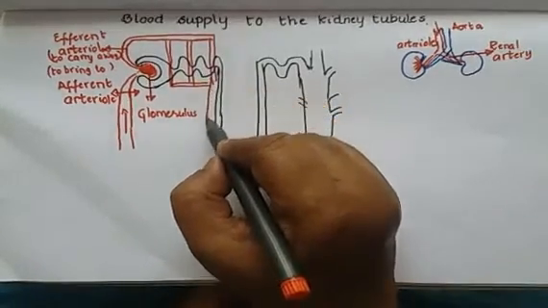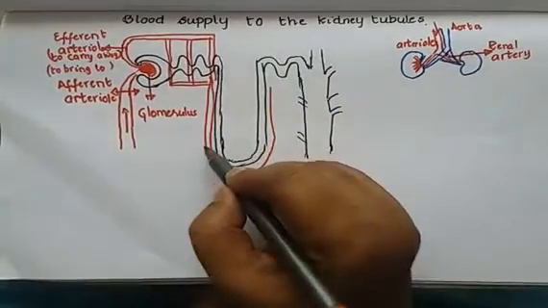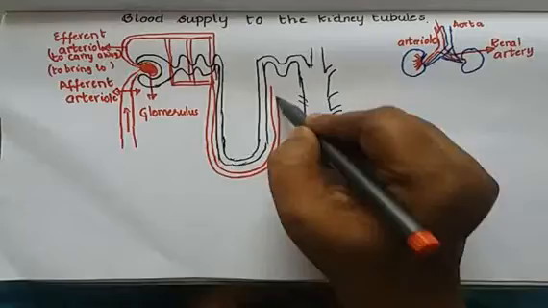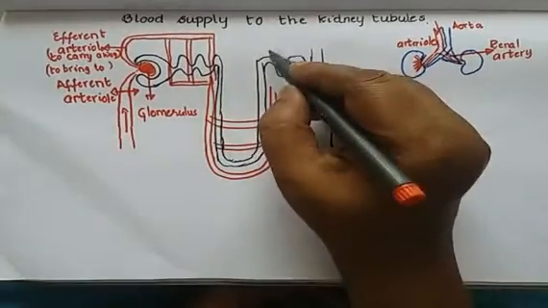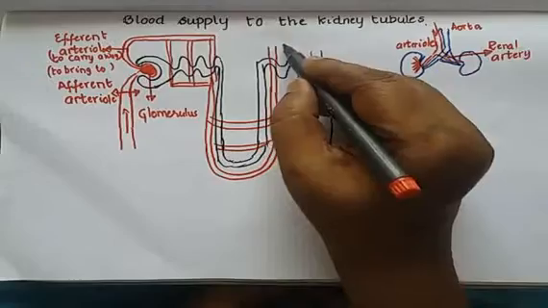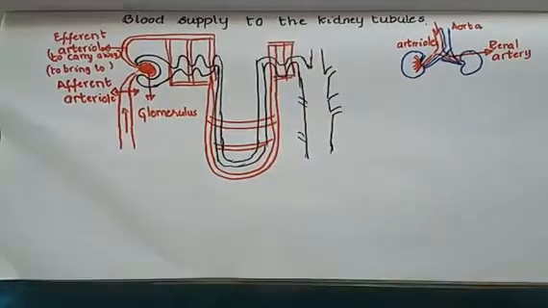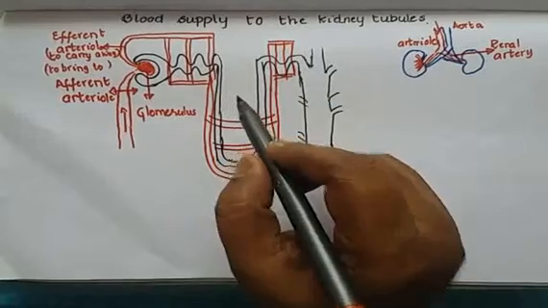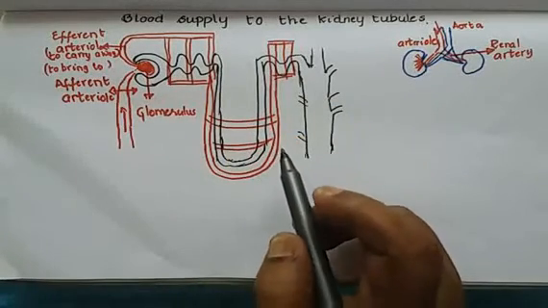And again this secondary capillary network continues. It starts even surrounding the loop of Henle and continues even around the DCT. So thus you can say that we have capillaries formed for the second time.